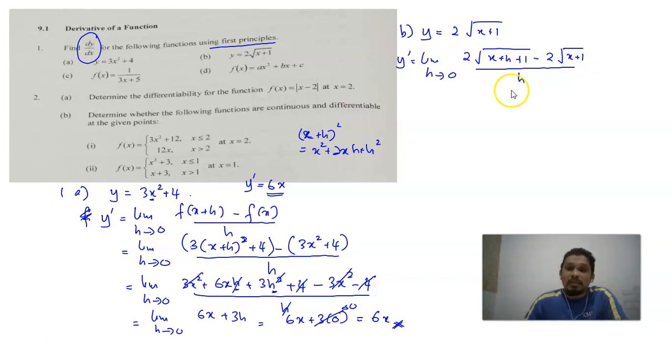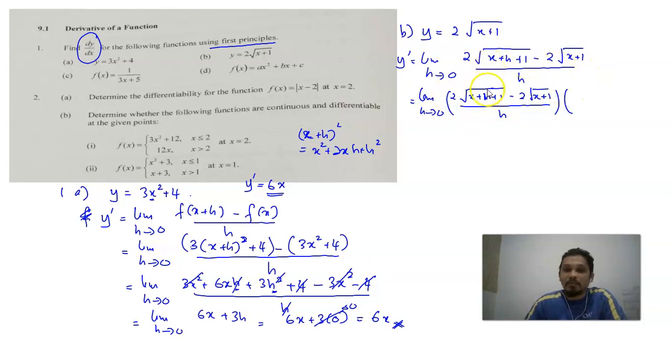Okay, class. If I simply substitute h equal to 0 here, everything is divided by 0, so it's meaningless. Even with h equal 0, 2 square root of x plus 1 minus 2 square root of x plus 1 is 0 over 0, undefined. So what can we do now is 2 square root of (x plus h plus 1) minus 2 square root of (x plus 1), divided by h.